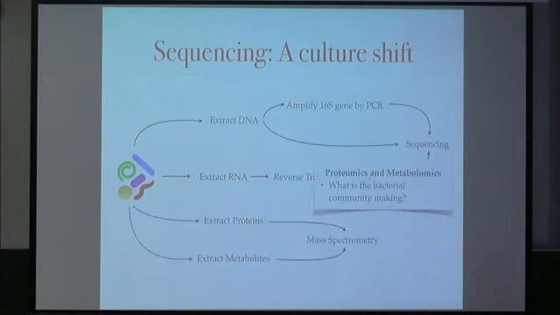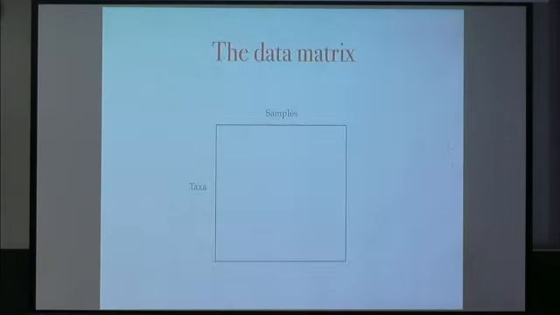And you can even extract other types of molecules like proteins or small molecules like metabolites and run them through a mass spectrometer, and this is what we call proteomics and metabolomics. And this tells you about what the bacterial community is making, which metabolites are being produced. And so this collection of experiments gives you a multi-view perspective on the microbiome.